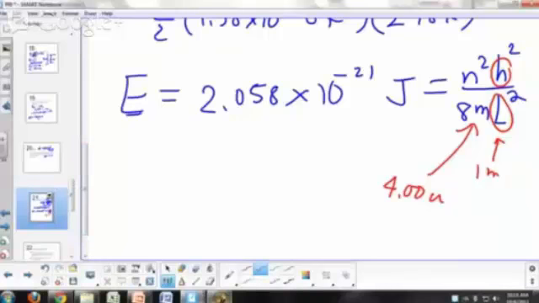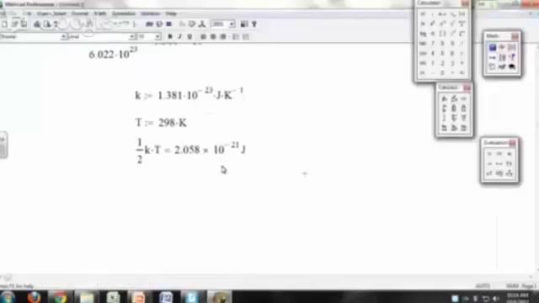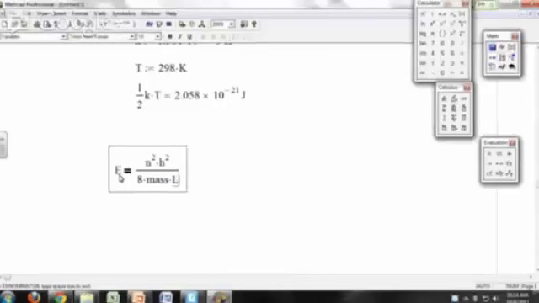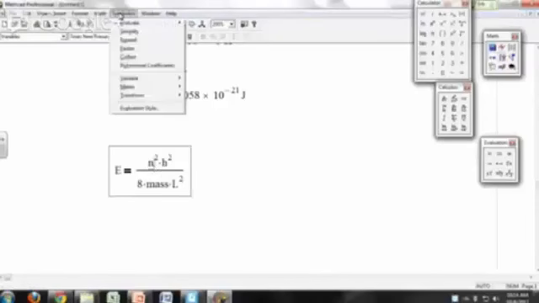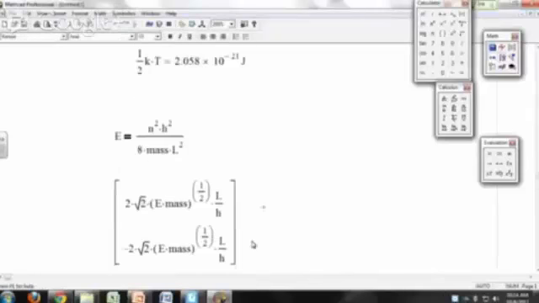So let's quickly solve for that. Let's put it in MathCAD. So we can say E equals N squared times h squared over 8 times the mass times L squared, right? If I want to solve for N, I just highlight the N, go to symbolics, solve for the variable, and that's the expression right there.